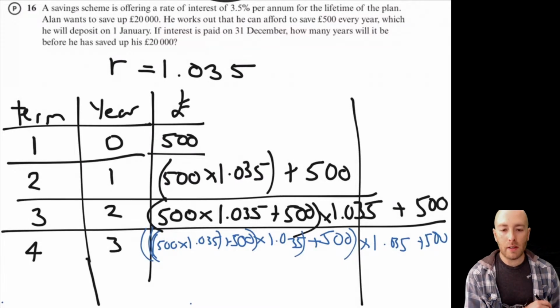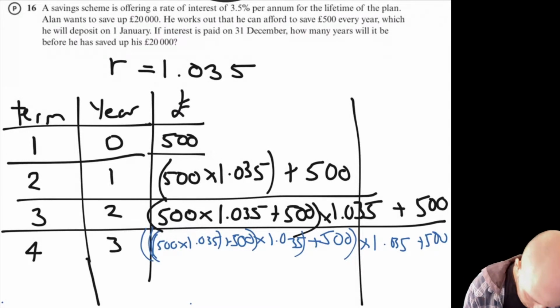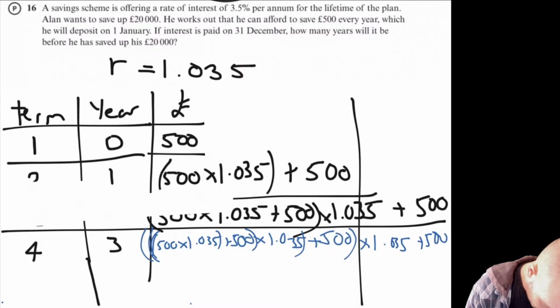So it's going to continue like this. And you might say, well, that doesn't look like a geometric series to me. So what we're going to do, we're going to take just that bottom row. We're going to get rid of all the rest of this.